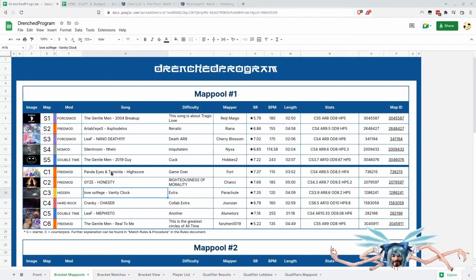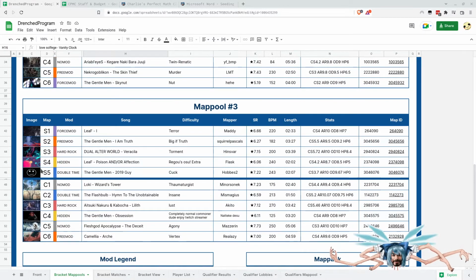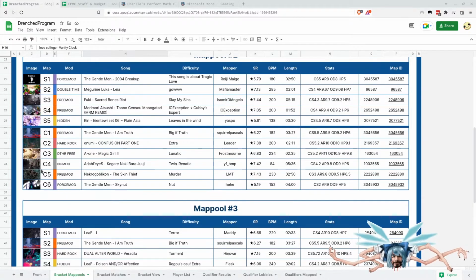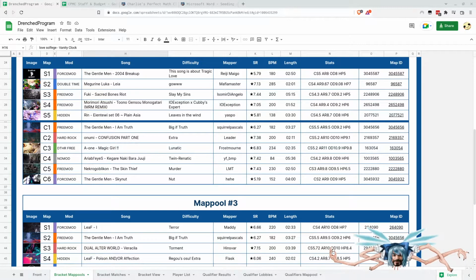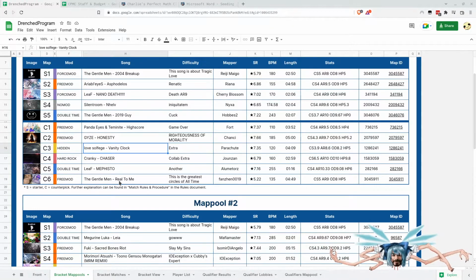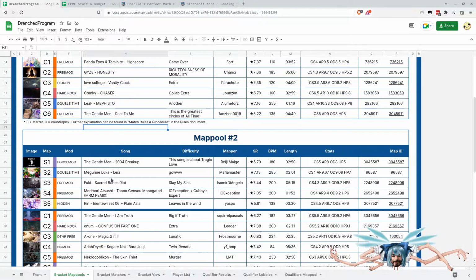So let's take... where is it? Wait, where is it? Am I blind? Oh, I just had it. Okay, I was going to use Vanity Clock as an example. I forgot it was hidden. My bad.